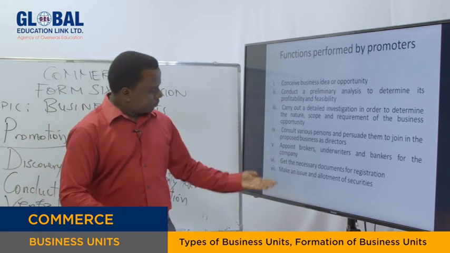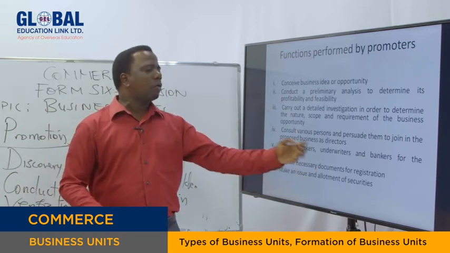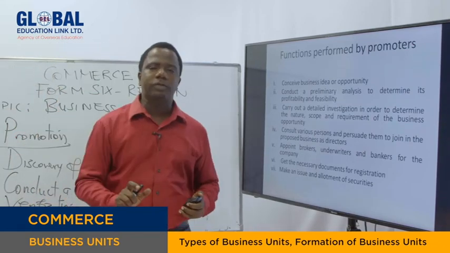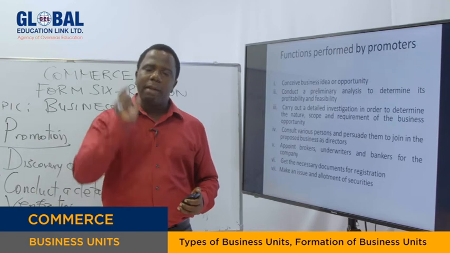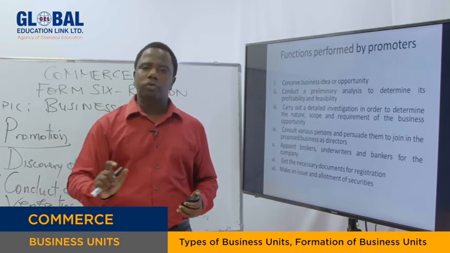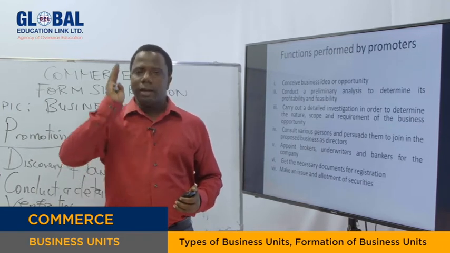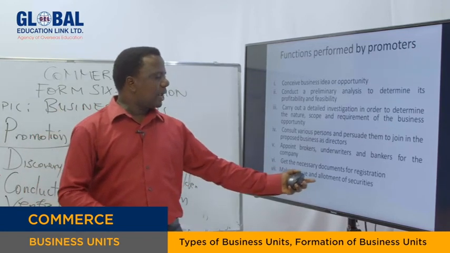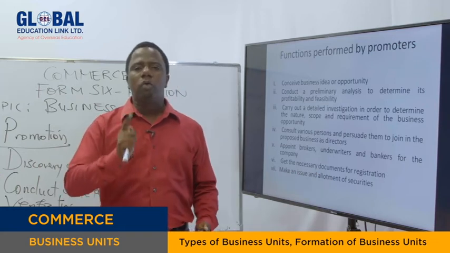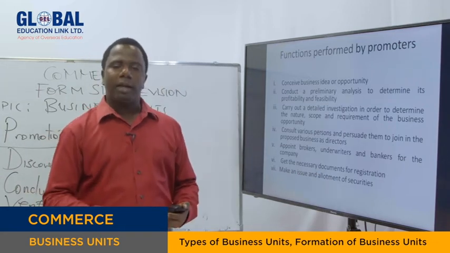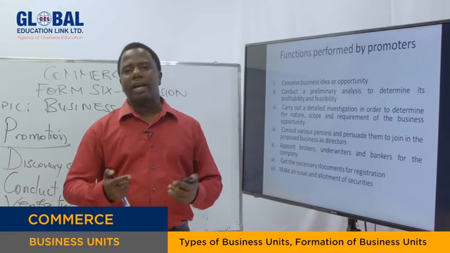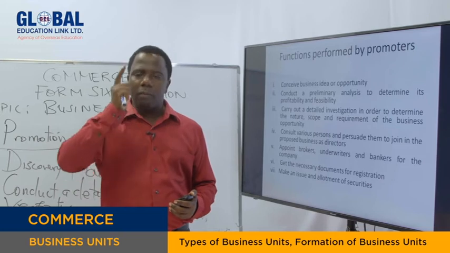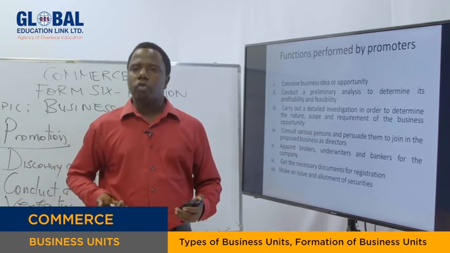But promoters also get the necessary documents for registration, like Memorandum of Association, Articles of Association, and other necessary documents. And the last function, make an issue and allotment of shares: they are the ones who issue shares and make allotment of those shares to raise capital of the company, in order for the company to run.